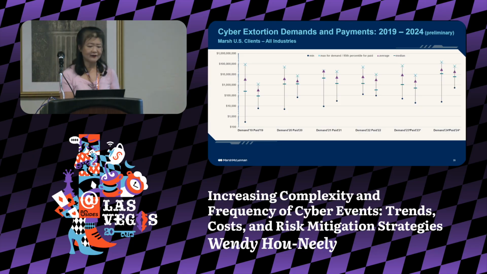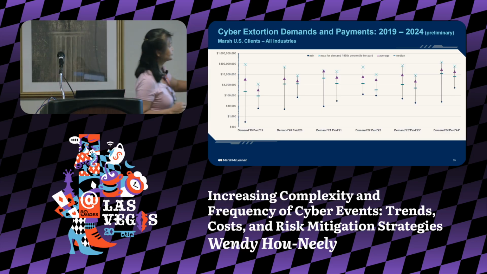This is demand versus payment, and you can see that the demand amount has gone up a lot in 2024. Pay has also gone up. The first side is the demand, the second one is the pay for the year. You can see in the beginning in 2019, they were just wild. They'd demand whatever it was.